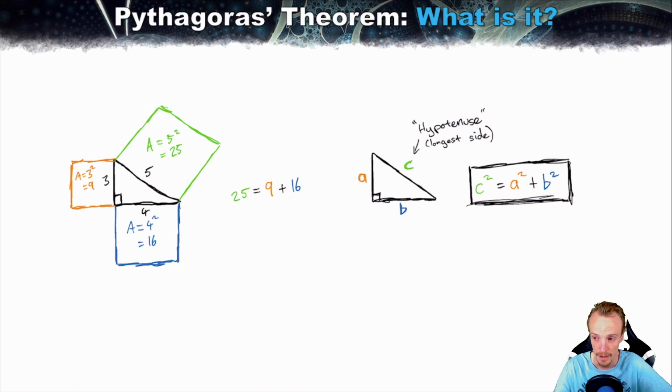If we know two side lengths and we know it's a right-angled triangle, we can use this formula to find the other unknown side length. The other use is, if we know all three side lengths of a triangle, we can determine whether or not it is a right-angled triangle. So they're the two things we're going to look at in the next videos.